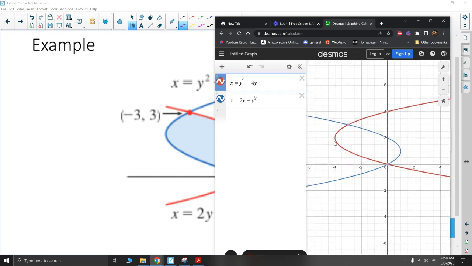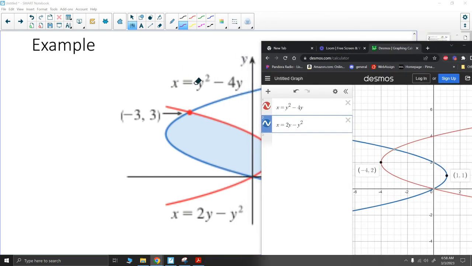So we have this thing, and again, if we wanted to integrate this with respect to x, we'd have to do something like from -4 to 1. But the problem is that in order to integrate with respect to x, we have to get this in terms of y equals some function of x.